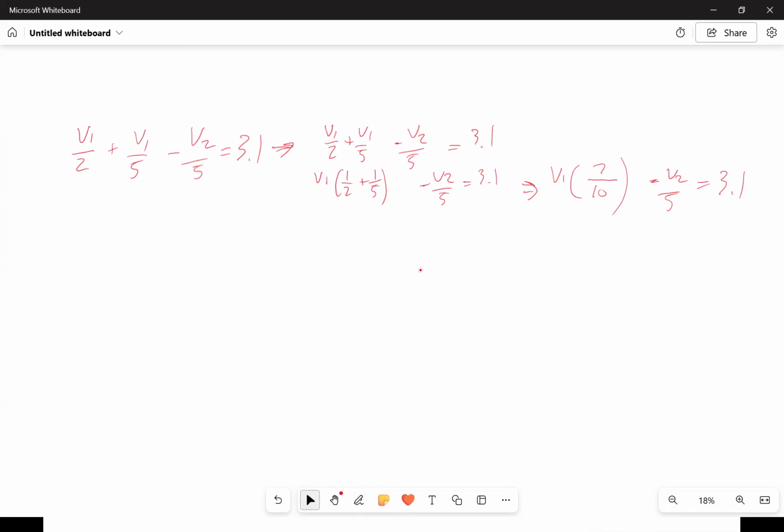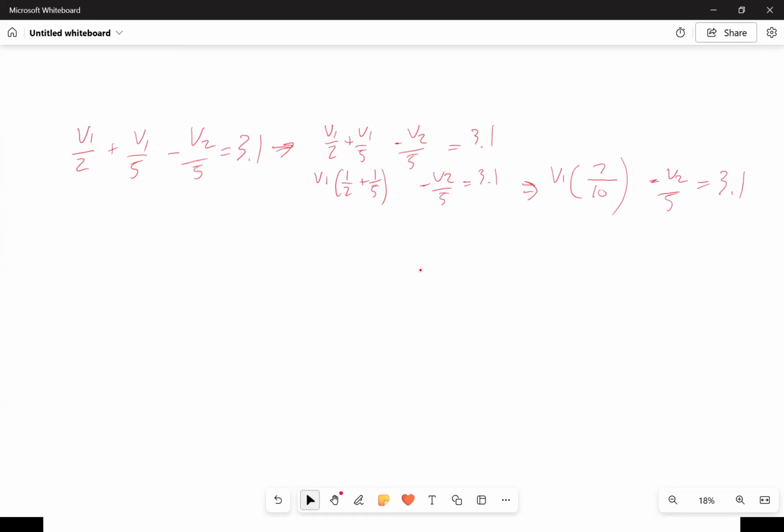Any questions on how I got that equation? It may have been a minute since you did common denominators and stuff like that, but it's a pretty important thing that we need to do here just because it makes entering our matrices much, much easier.